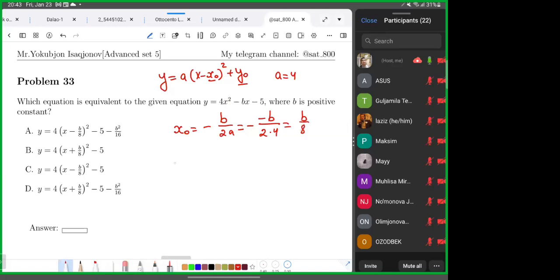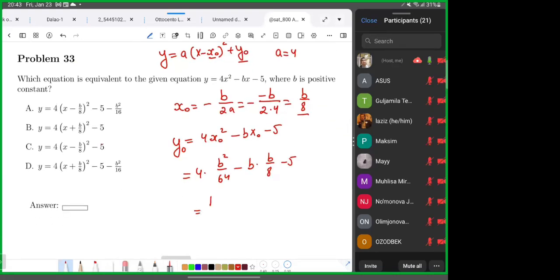Now you found it. For finding y0, you can plug it in: 4 times x0 squared minus b times x0 minus 5. That is 4 times b squared over 64, minus b times b over 8, minus 5. So you can find b squared over 16 minus b squared over 8 minus 5.